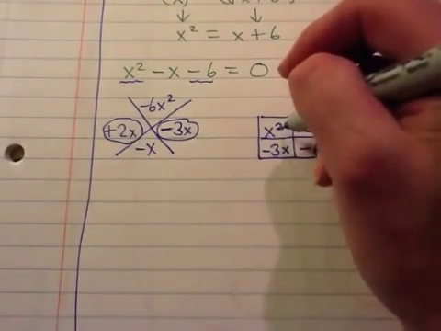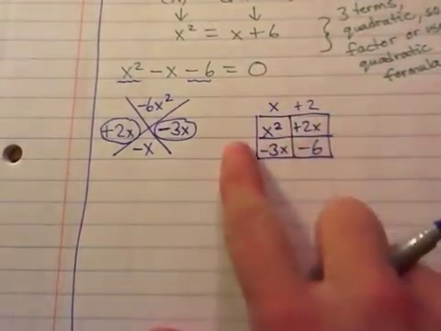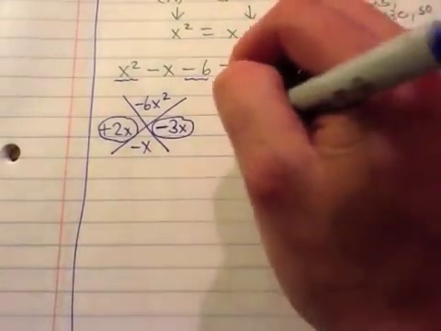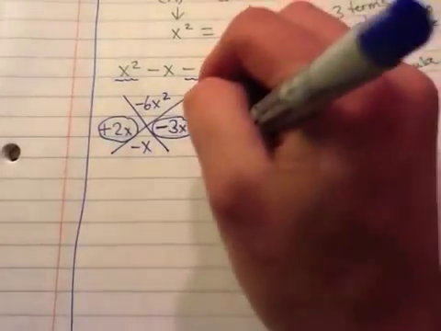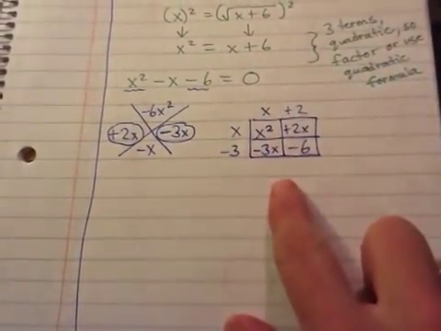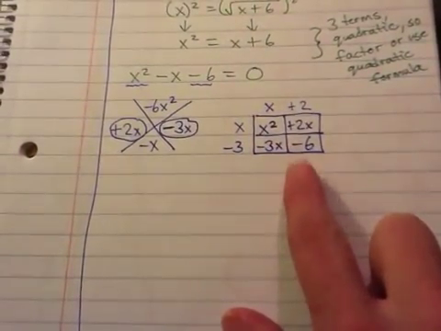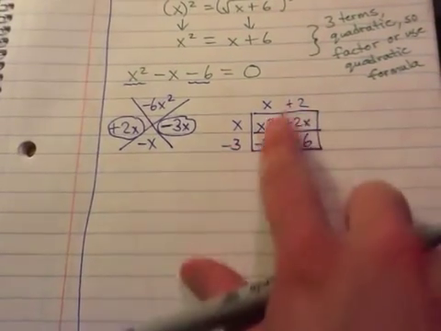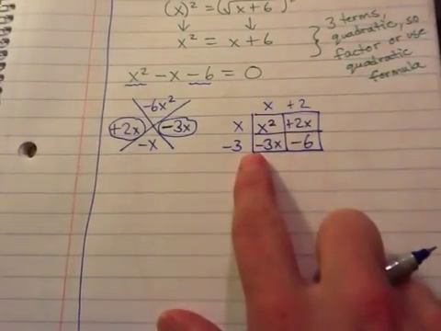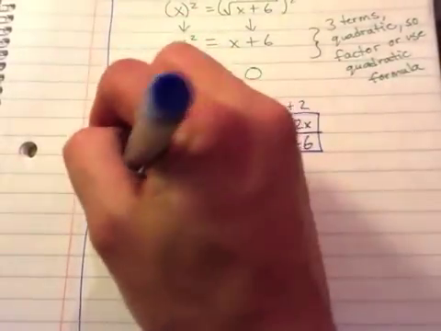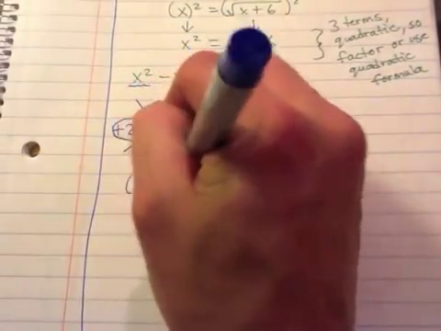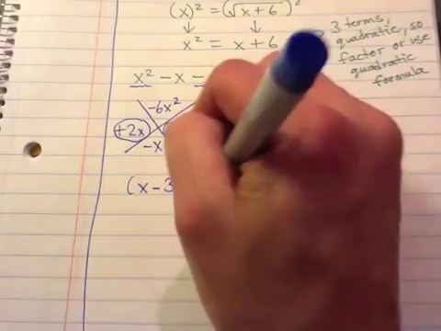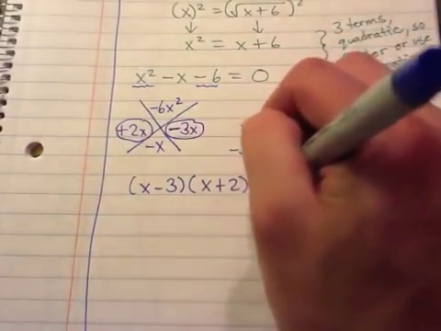Common factor here is x. Here, x, and here, negative 3. Now remember, zero product property, we need to actually go solve these. We need to set them equal to 0 and solve them. So now I have x minus 3 times x plus 2 equals 0.